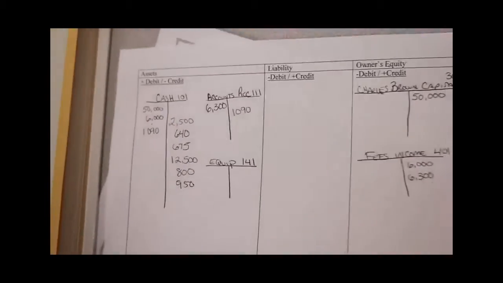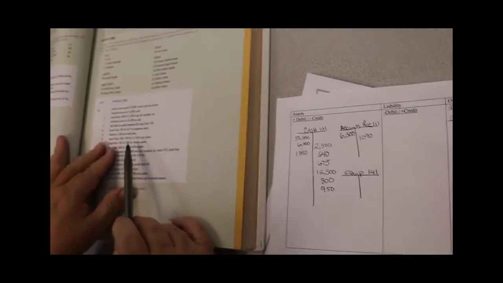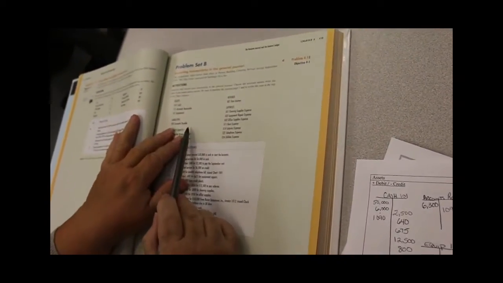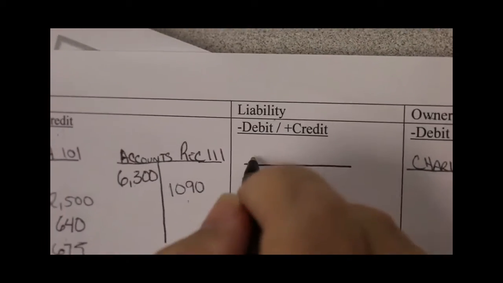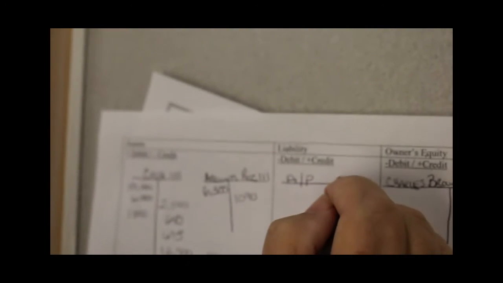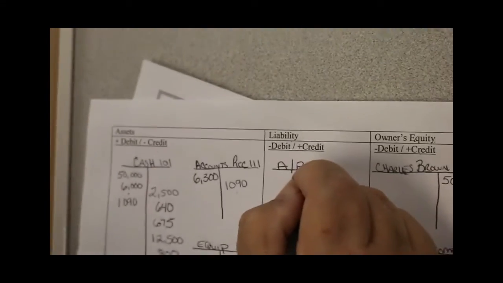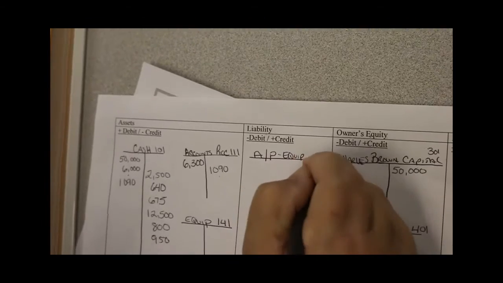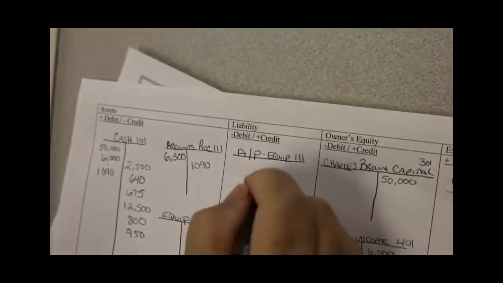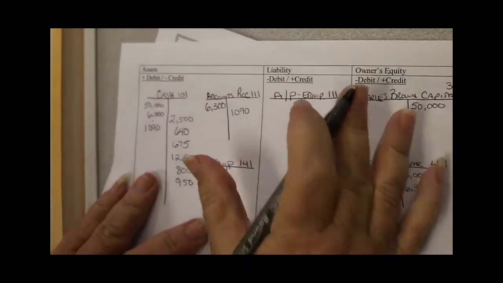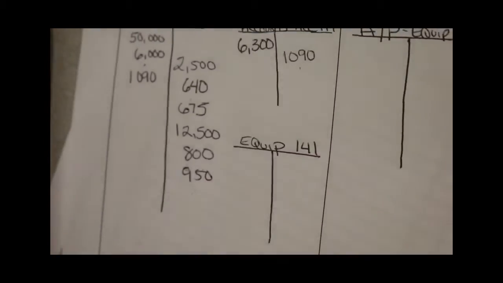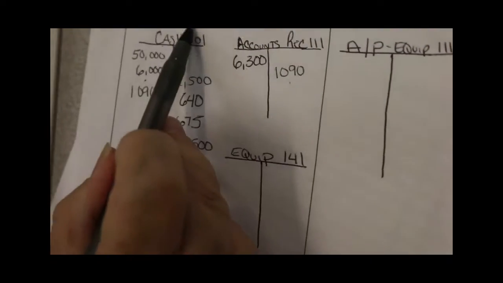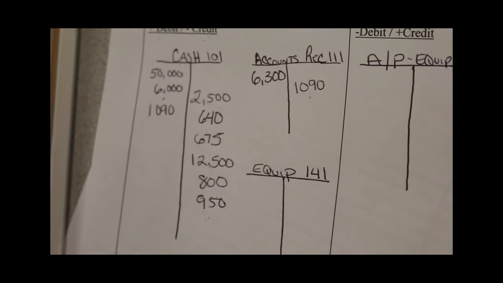Okay. So the other account that we are going to create is an accounts payable. So we're going to go over here. Accounts payable is under liability. So here, accounts payable. And I'm just going to write what the account is for, equipment. And then 111. Okay. So, under the equipment, we debit or credit the, let's see, it's $10,000.